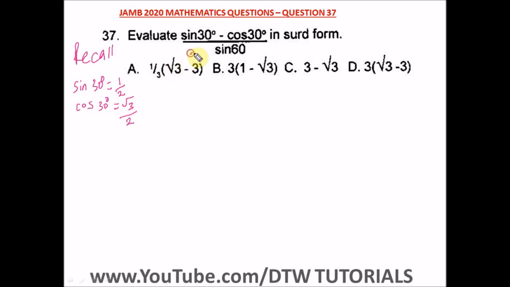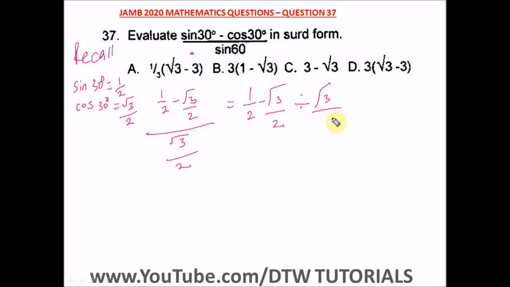So substituting this, we have 1 over 2 minus root 3 over 2, all over root 3 over 2. This is the same thing as 1 over 2 minus root 3 over 2 divided by root 3 over 2. Let's put this in brackets so we can solve for this first.